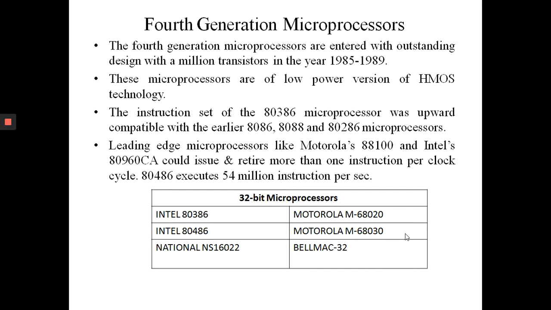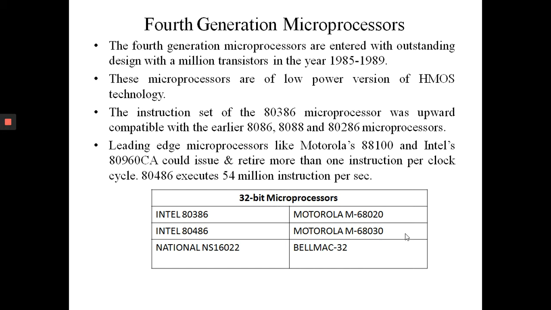Fourth generation microprocessors. The fourth generation microprocessors were designed with more transistors in the year 1985 to 89. These microprocessors are a low power version of HMOS technology. The instruction set of the 80386 microprocessor was upward compatible with the earlier 8086, 8088, and 80286 microprocessors.